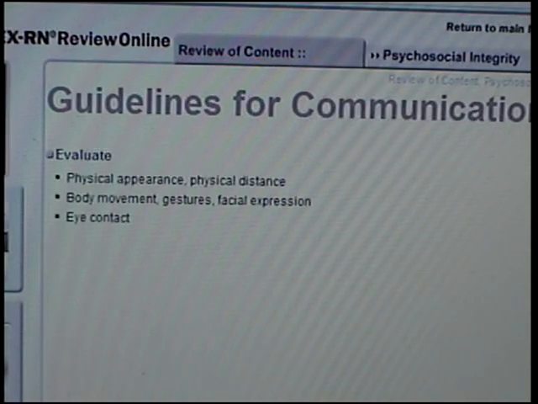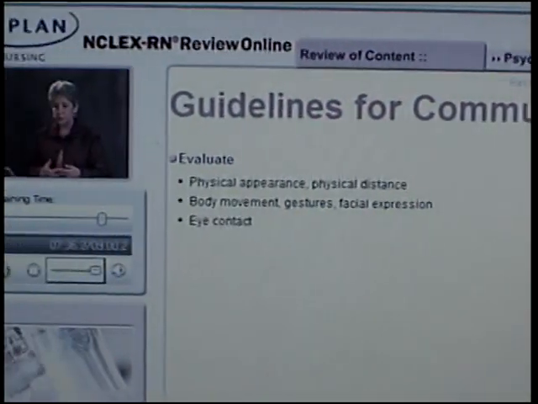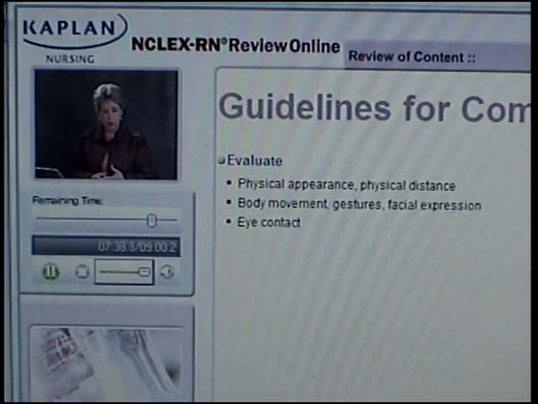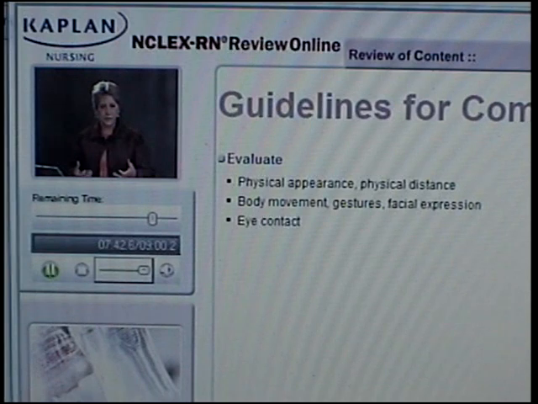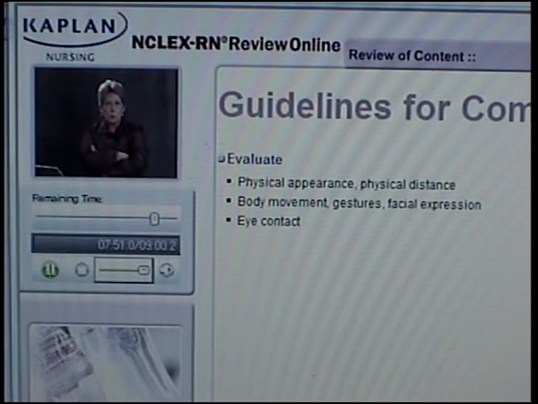Now, when you're trying to evaluate a client's nonverbal communication, there are several things that you're going to look at. First of all, you're going to look at their physical appearance. How are they looking at you? Are they maintaining eye contact? Are they looking away? Are they sitting in a chair with their arms folded really tight?